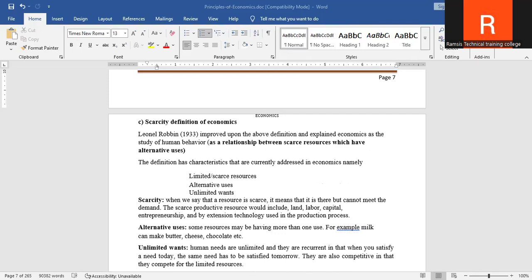So age has specific wants, and also gender has specific ones. That's why they keep on changing. And then some are habitual, making life unbearable without them. So meaning at times you might need them because of habits.